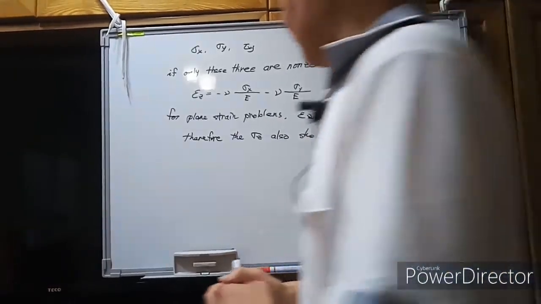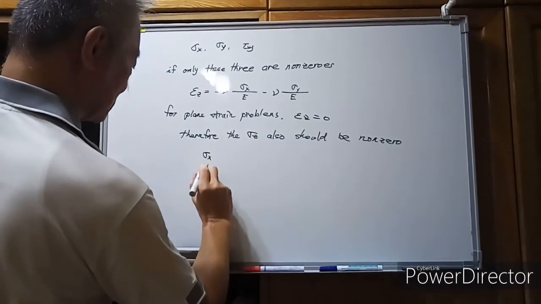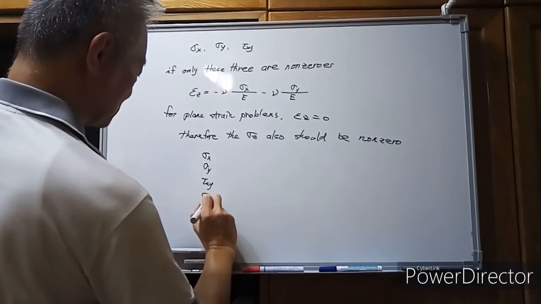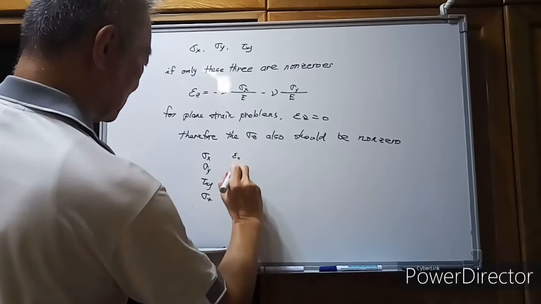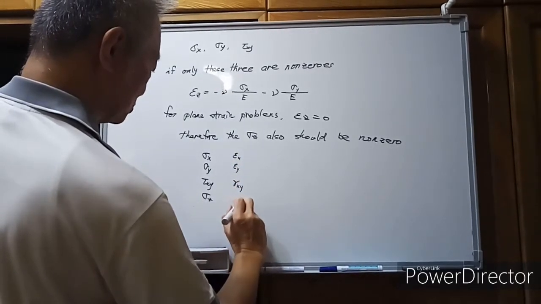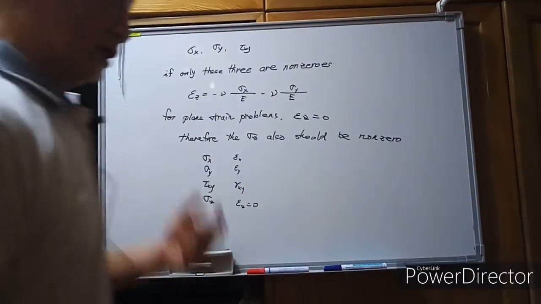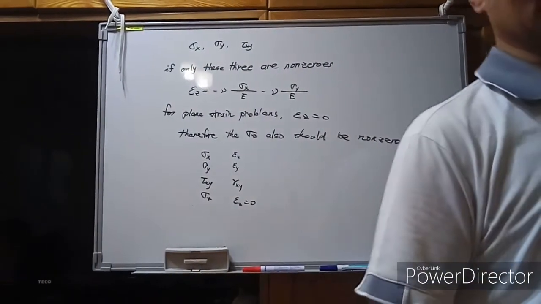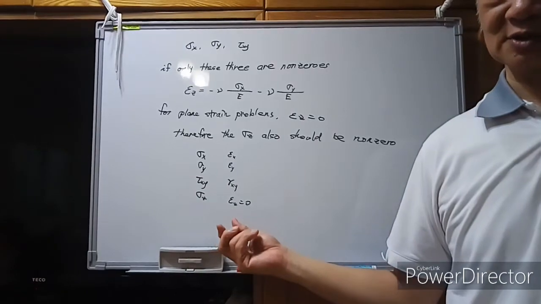Okay, so we have the sigma x, the sigma y, tau xy, and the sigma z. Also, we have the epsilon x, epsilon y, and the gamma xy. But we know the epsilon z is equal to 0.